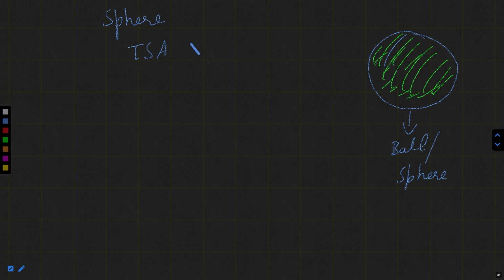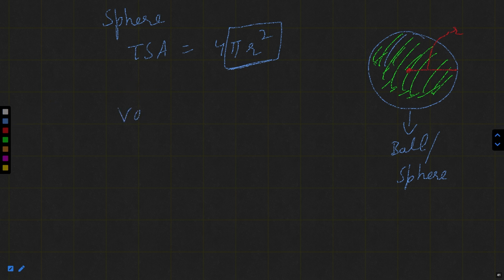It is equal to 4 pi r square. So it is 4 times the area of the circle. If you do 4 times the area of the circle, you will get your total surface area for sphere, where, if this is my center for the sphere, then this is my radius. Okay, so r is the radius of the sphere. I hope this is clear.